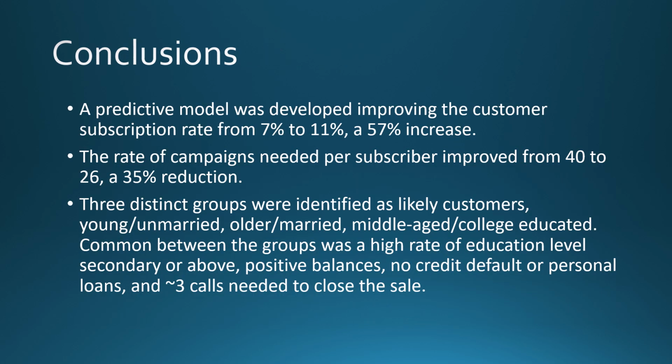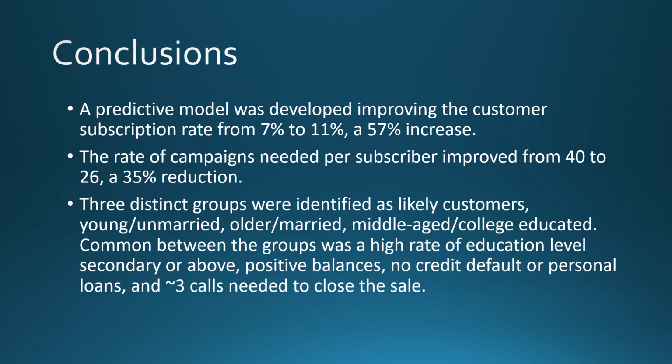For this project, a predictive model was developed, improving the customer subscription rate from 7% to 11%, a 57% increase. The number of calls needed per subscriber improved from 40 to 26, a 35% reduction.